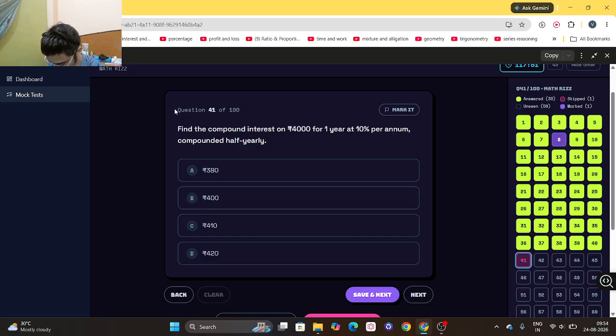The amount will be P into 1 plus R by 100 to the power n, 1 plus 5 by 100 to the power 2. 441 upon 400 into 4000 is 4410, so the interest is 410.